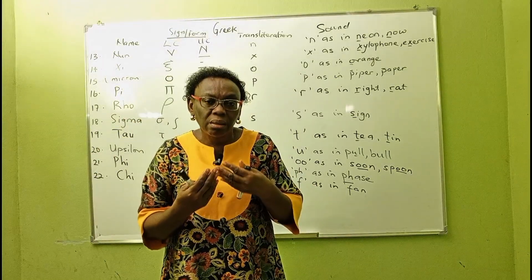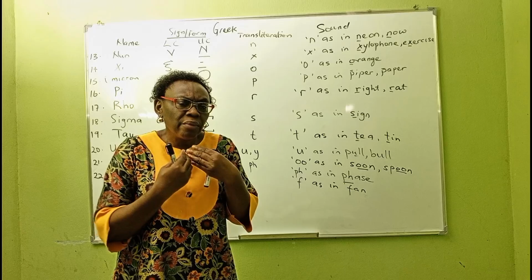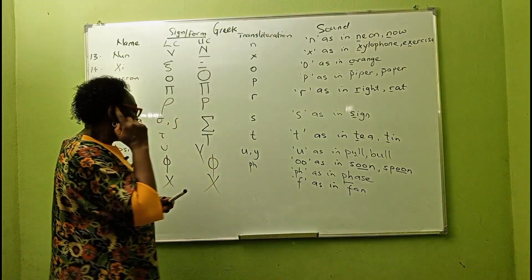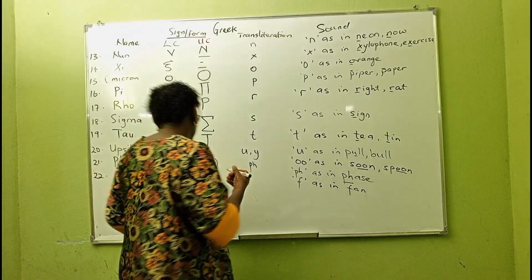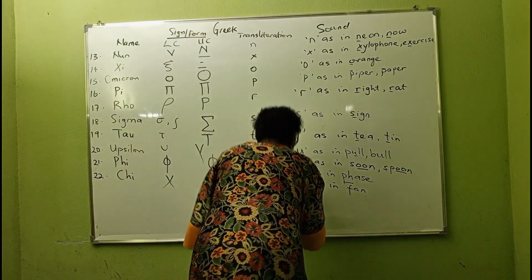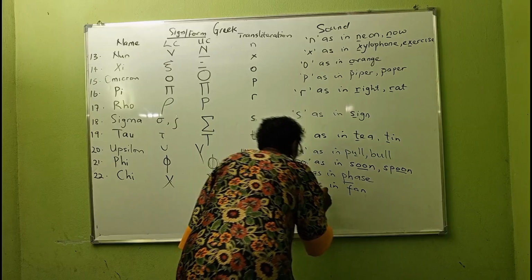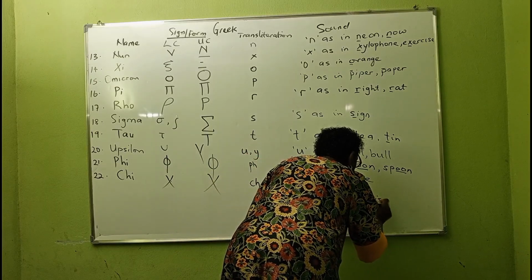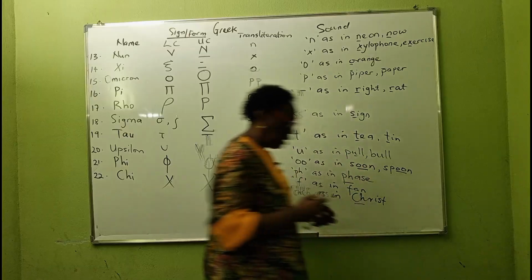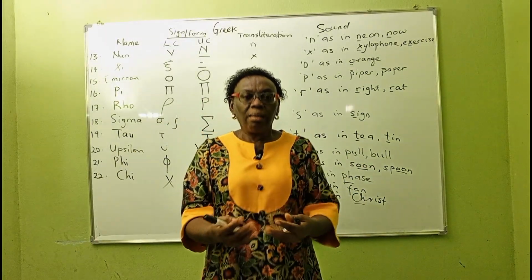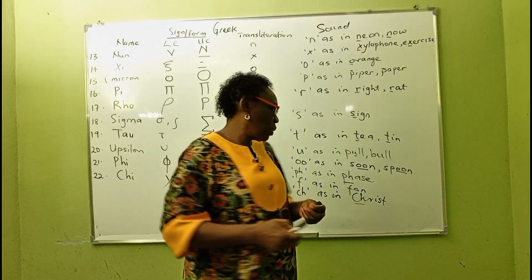This is produced from the throat. So when you see it, they represent it by CH. Some may say CH as in Christ, because actually in Greek it is Christos, but it's not adequate. We don't have it.